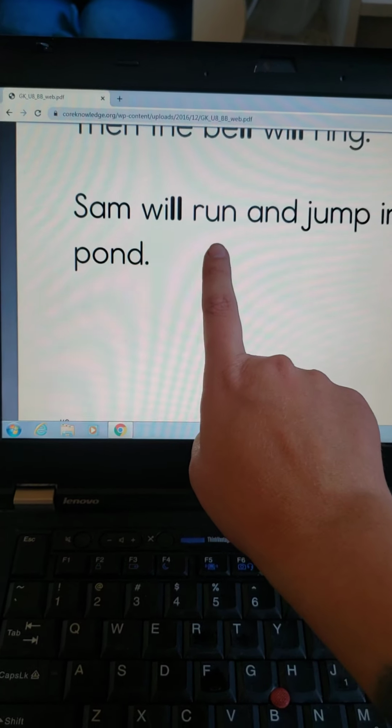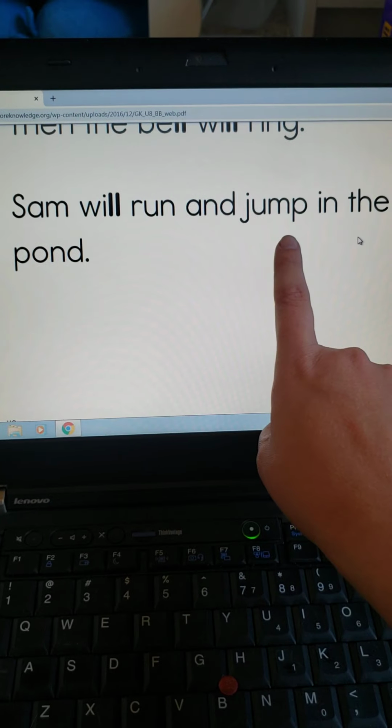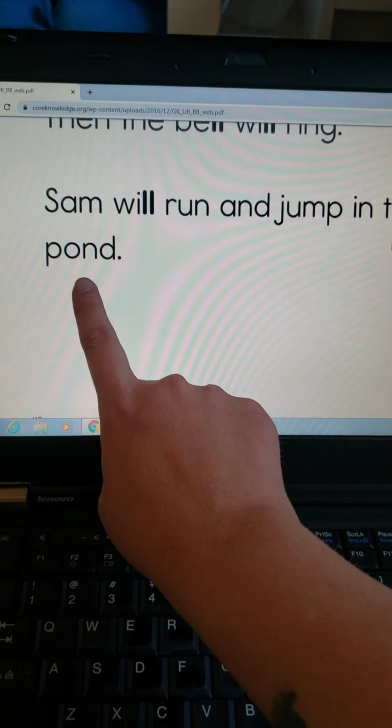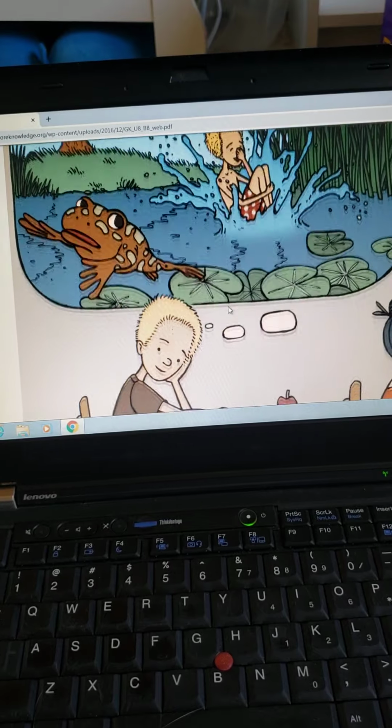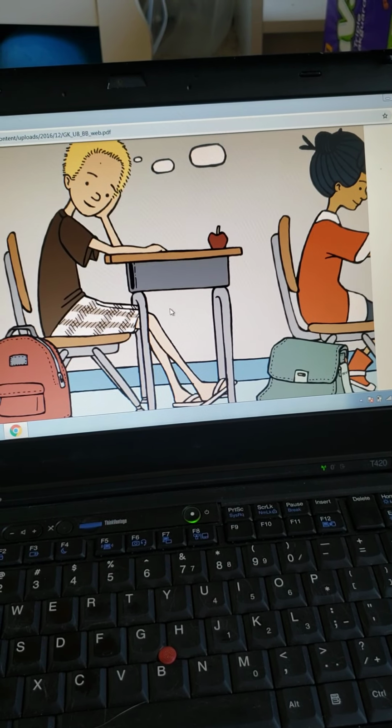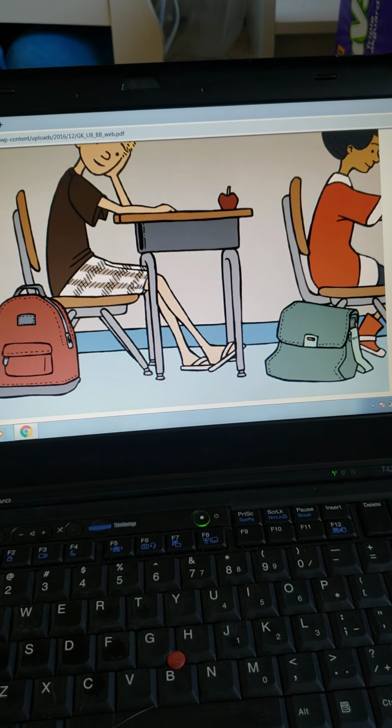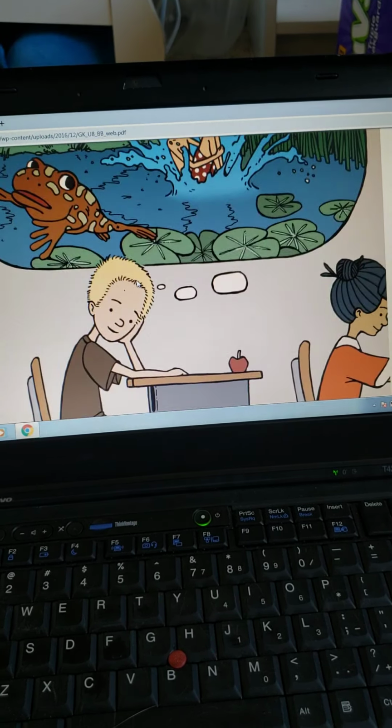Sam will run and jump in the pond. Ooh, and there's the picture. Got the funny frog. All right, so he's in class and he's thinking about what he's going to do when he gets out of class.